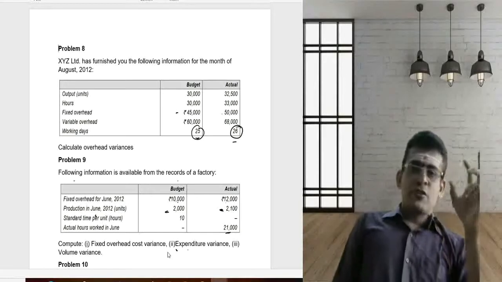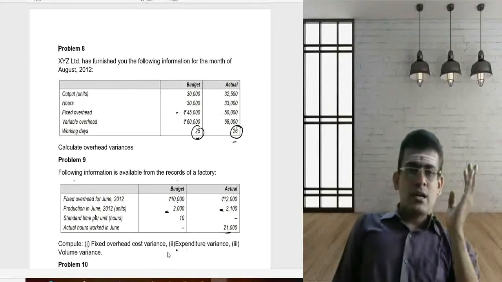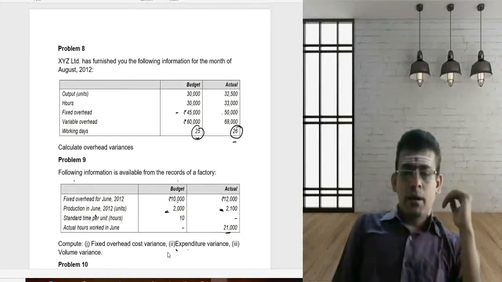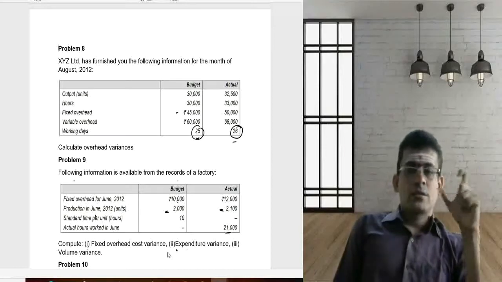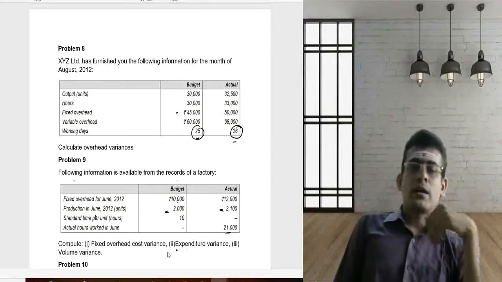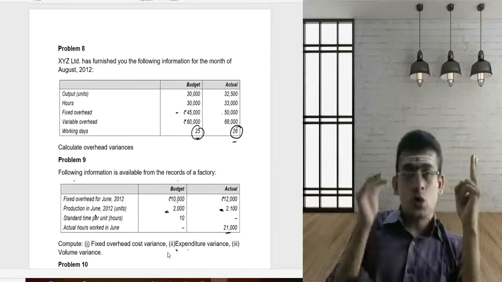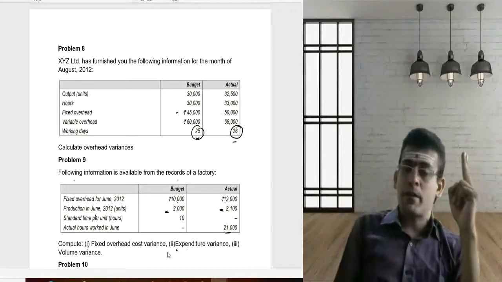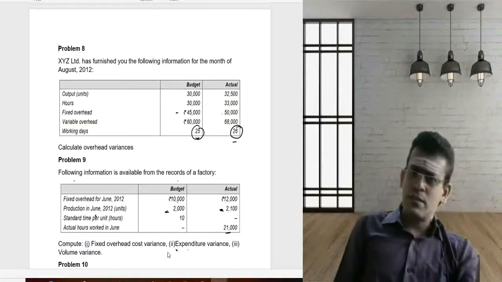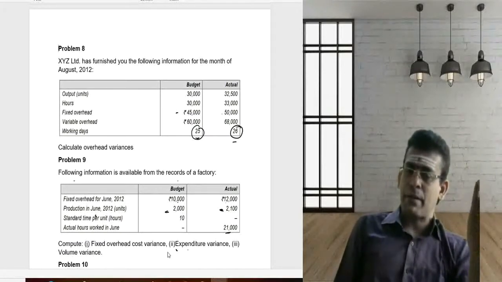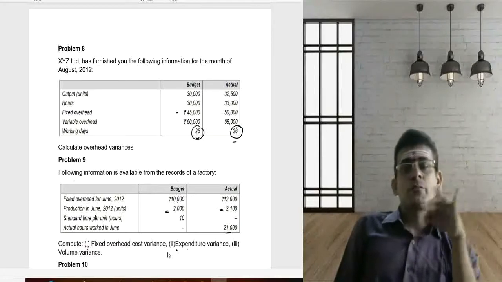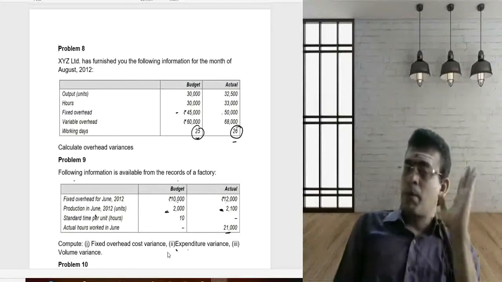Now, efficiency variance we have discussed. Standard hours for actual output minus actual hours, the difference multiplied by the standard budgeted rate, because volume variance always, the difference in hours should be multiplied by a standard rate. Whether it is efficiency, calendar, or capacity, the difference should always be multiplied by your budget rate.